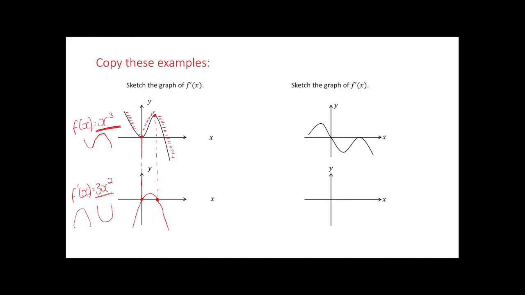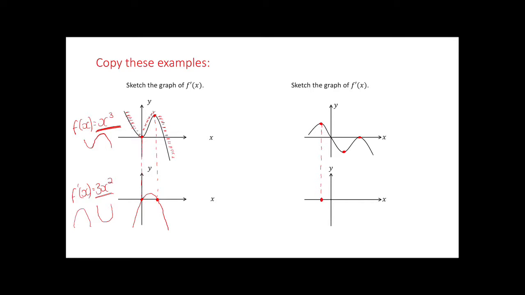So if we repeat that process again over here, so remember your turning points, so we've got this turning point here, we've got this turning point here, and we've got this turning point here. They're going to become the roots on our derived graph. So it doesn't matter the values of them, we just have to make sure we're lining them up on our derived graph.